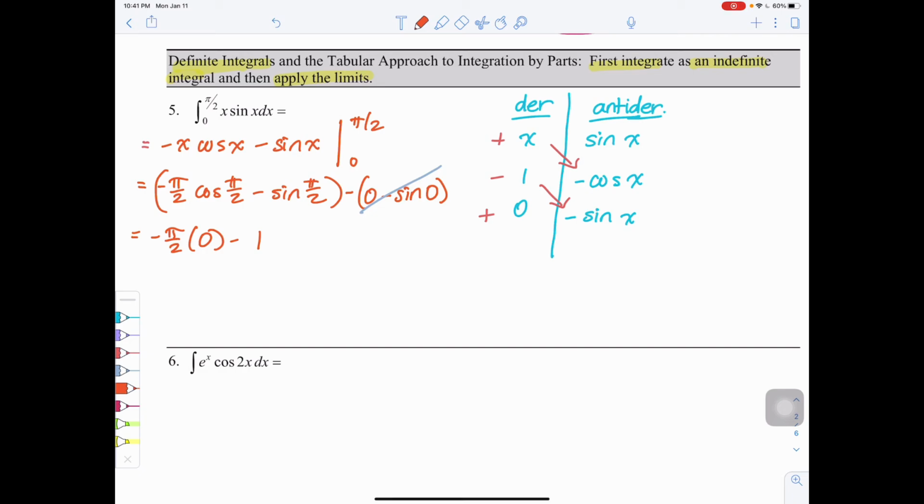And I don't know why I have a negative sign. Oh, a negative times a negative. Yep. And then also, I think this should have been a plus. And so, equals 1. And that was a nice one.